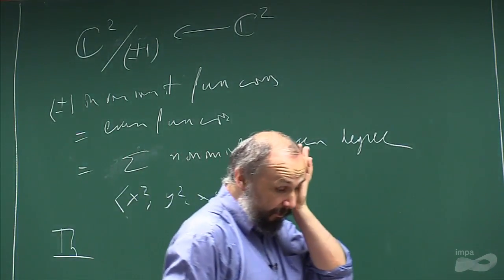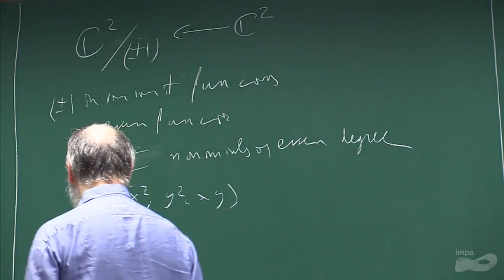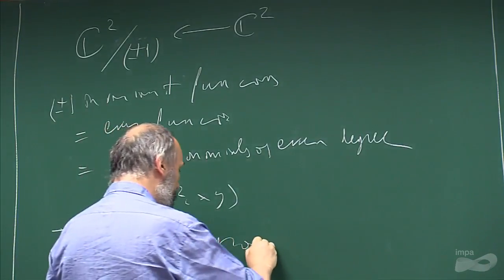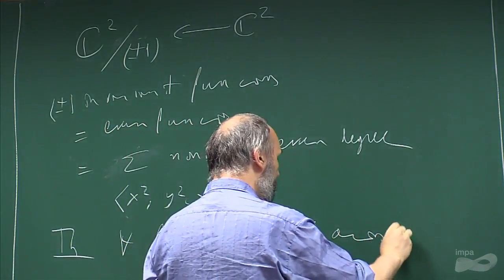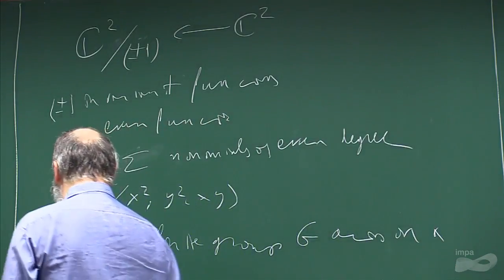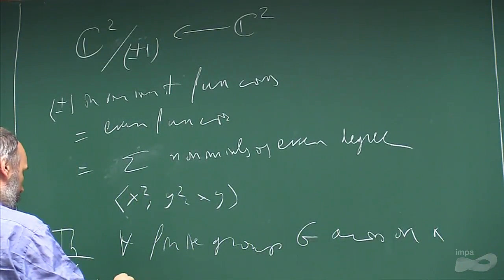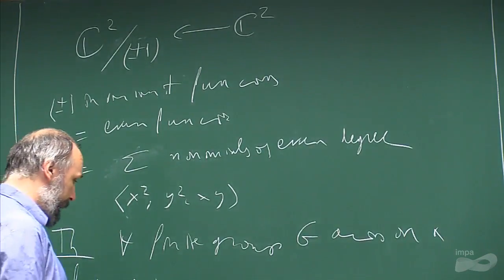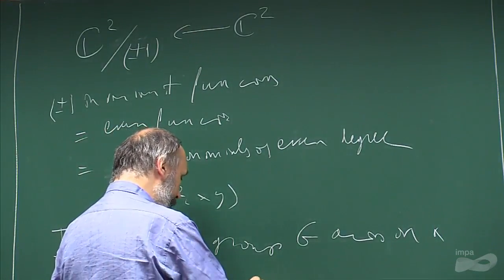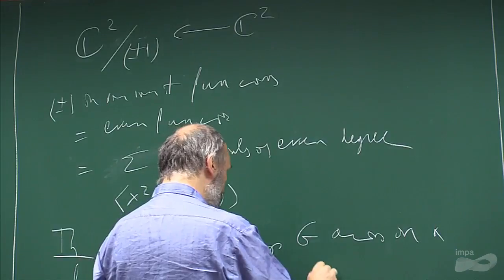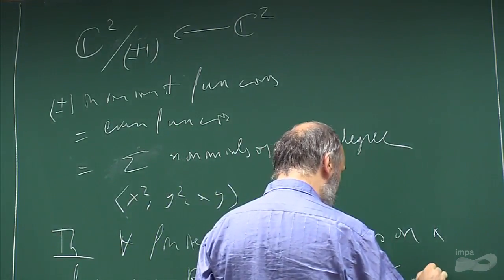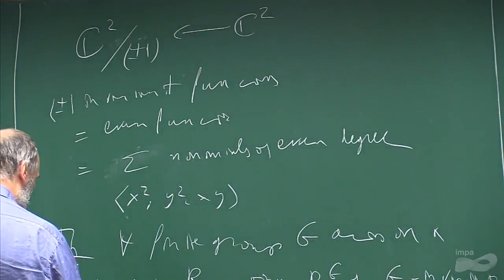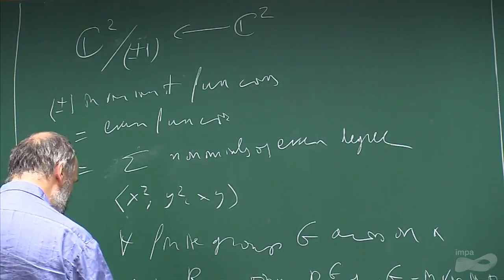It was a somewhat complicated theorem: for each finite group G acting on a finitely generated ring R, where acting means it acts by automorphisms, the ring R^G of invariants is finitely generated.